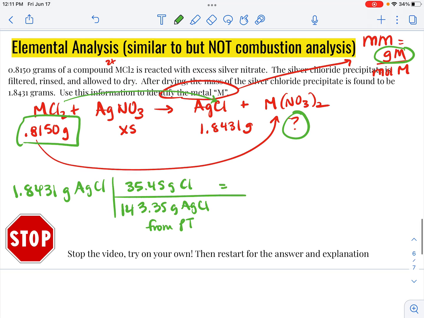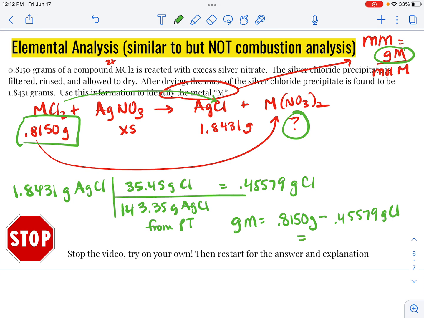Okay, so I'm going to do this, and I discovered that this is 0.45579 grams of Cl. So to find the grams of M, I'm going to use the total, which was MCl2, 0.8150 grams, minus the 0.45579 grams that were the Cl.